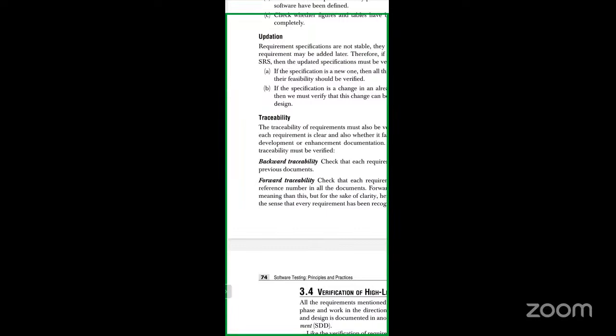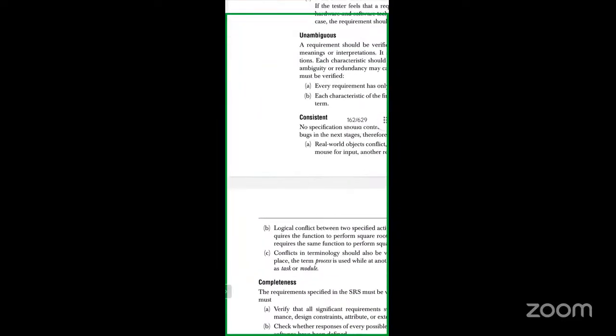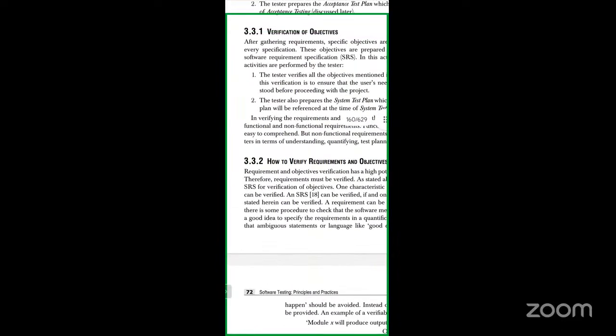If you are going from top to bottom, it is said to be forward traceability. That is, we are tracing the project from the top to the bottom. And if you are going from the bottom to the top, then it is said to be backward traceability. So that is the process which we are going to follow in the verification of requirements.